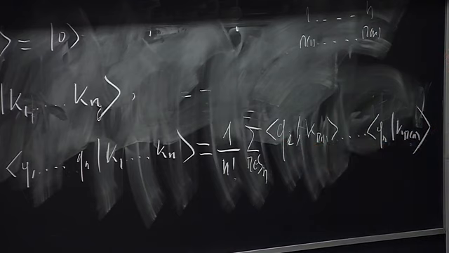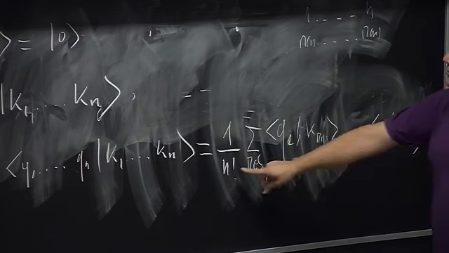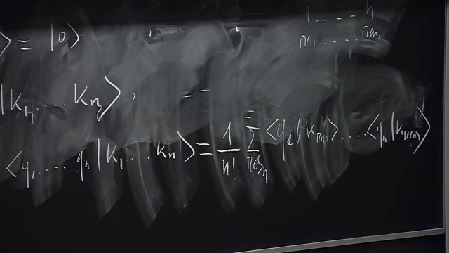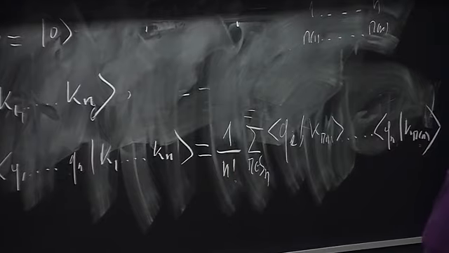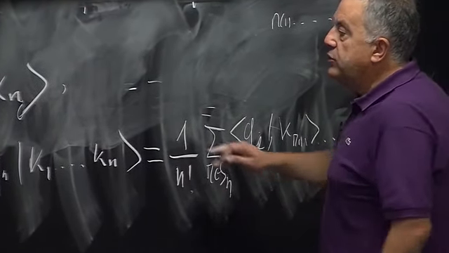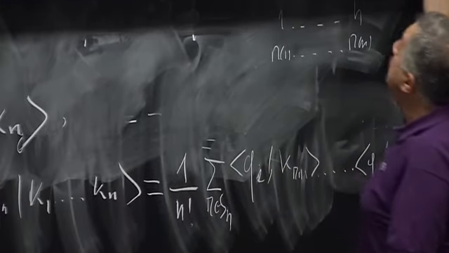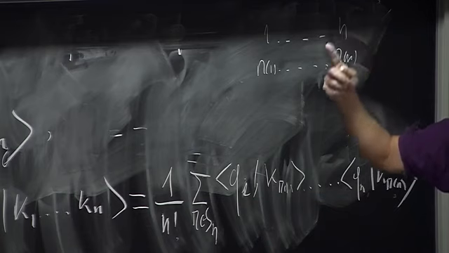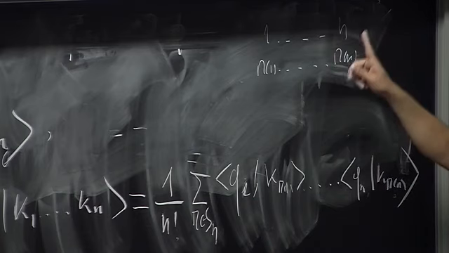You sum over all the possible permutations, and you divide by n factorial. This is conventional. You could also not divide by n factorial, and then the formula changes a little bit. So once you have constructed the one particle Hilbert space, this is the basis of the symmetric Fock space over H1.